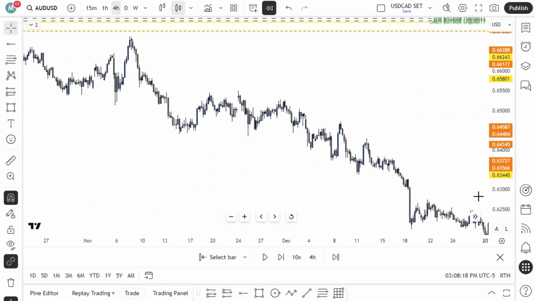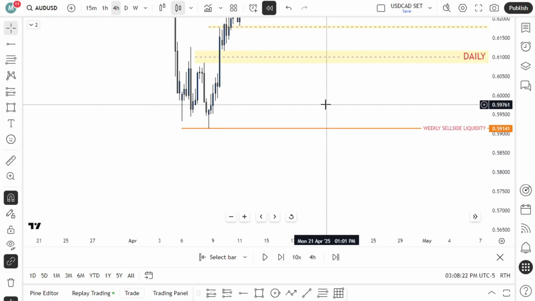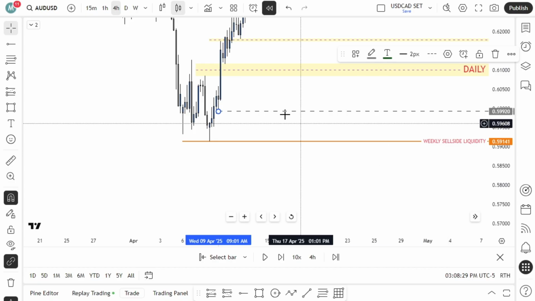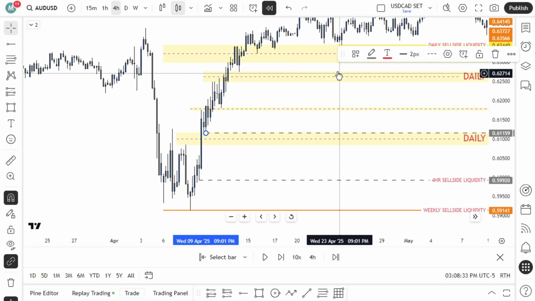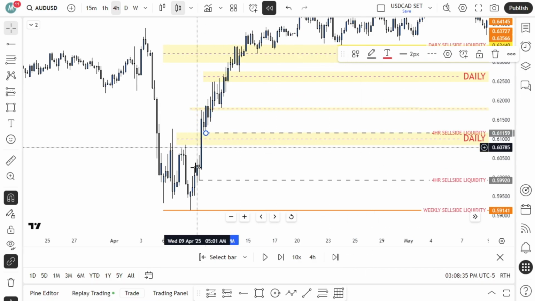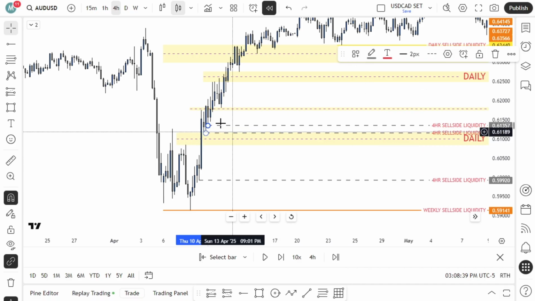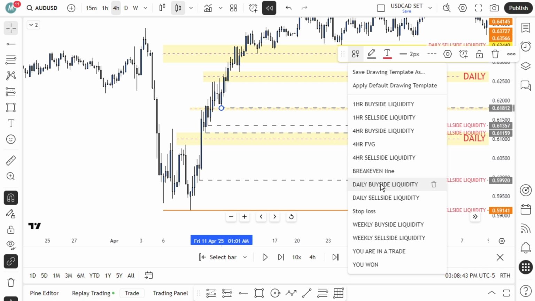And now let's go to the swing lows. We have a sell side liquidity here. One here as well.